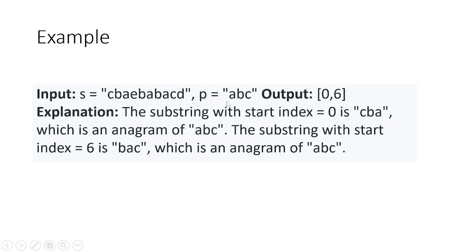For example, let's take P. We have a word called ABC, right? So we have to find the word which is exactly the same or an anagram of this. An anagram can be like CBA or ACB, anything like this, sort of like a permutation.